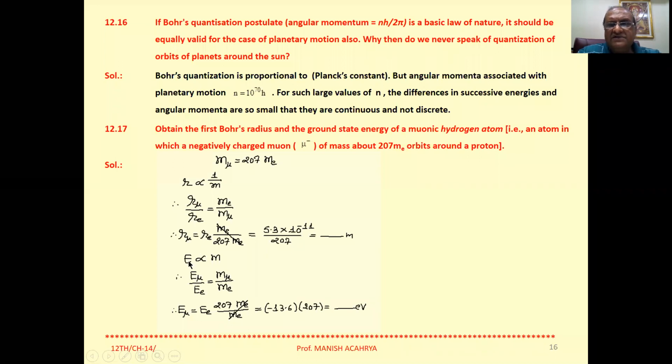Then the energy in the given orbit is proportional to mass. So we can write energy of muon upon energy of electron is mass of muon upon mass of electron. So E_mu is E_electron into 207 times m_e upon m_e. So we will get minus 13.6, for the ground state of the electron, into 207. This much is your answer. Clear?